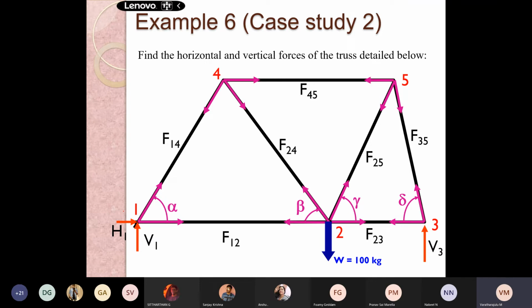See here, the inclination between F12 and F14 is alpha, the inclination between F12 and F24 is beta. Here gamma and delta: alpha, beta, gamma, and delta. Okay, this is for your exercise.